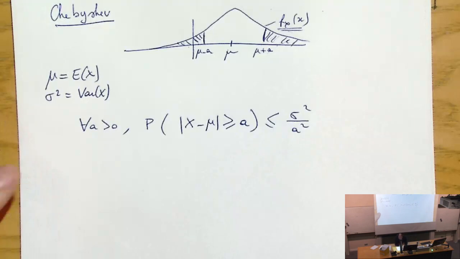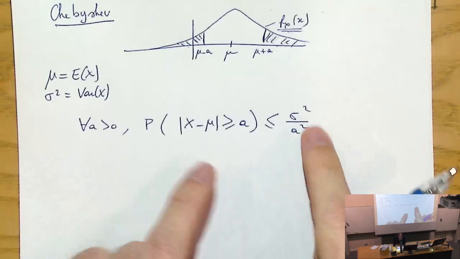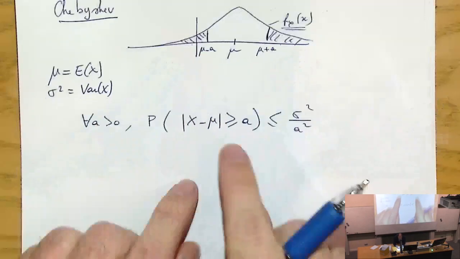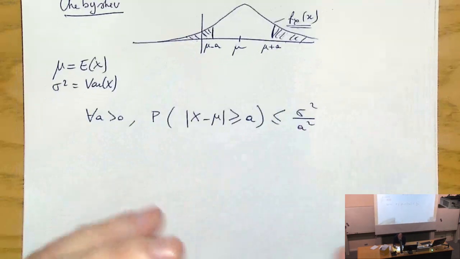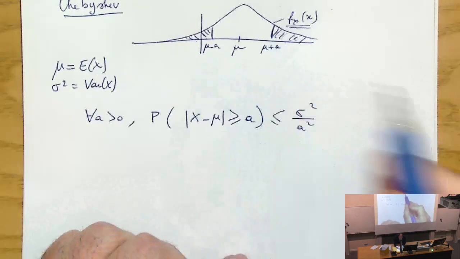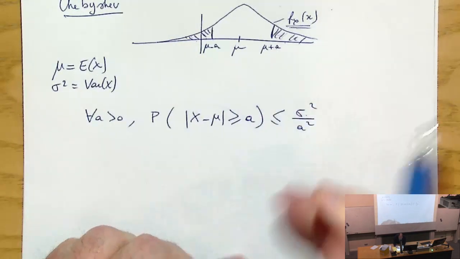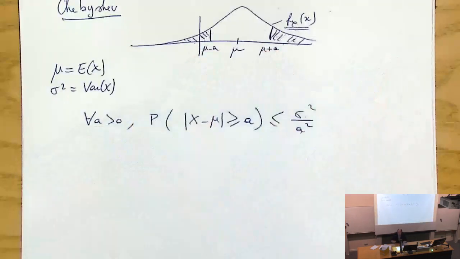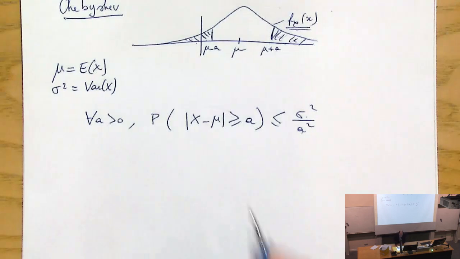So what that means is that if you take a larger, you're moving those two boundaries further away, and that probability will decrease. That area will decrease. If sigma squared increases and you fix a, that distribution becomes flatter, right?